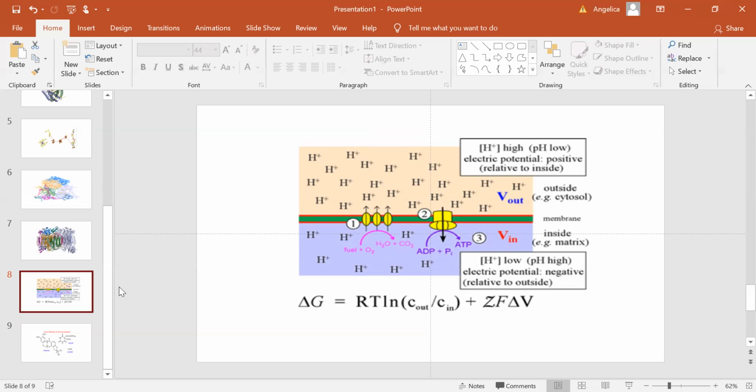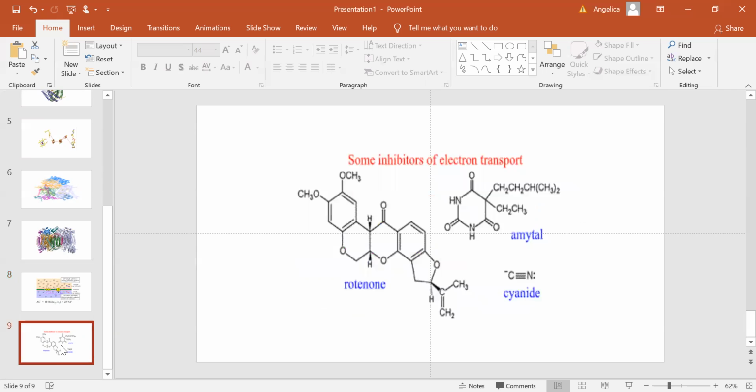Amytal is a type of barbiturate. Electron transport through complex 3 is inhibited by the antibiotic compound antimycin A.